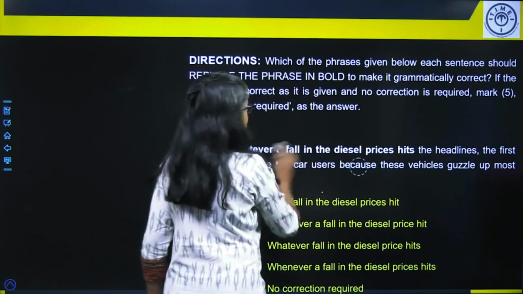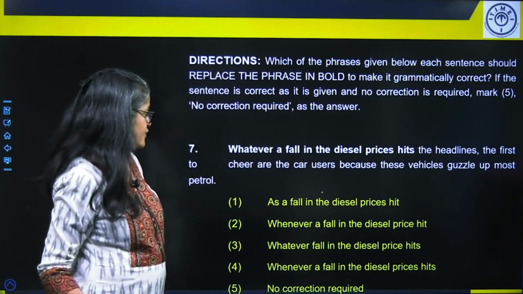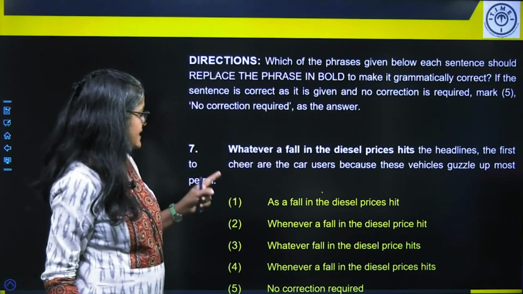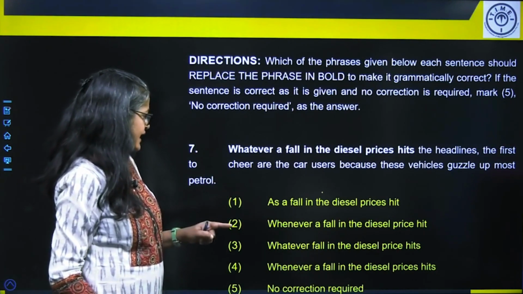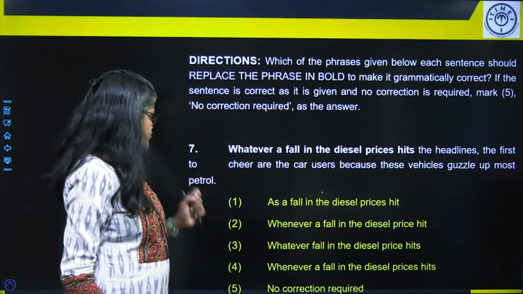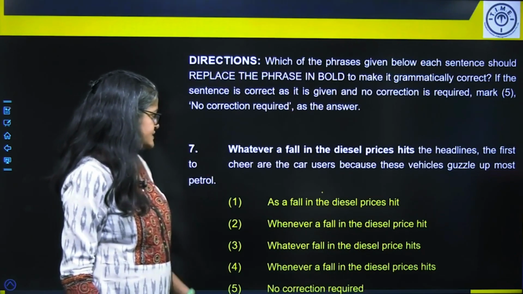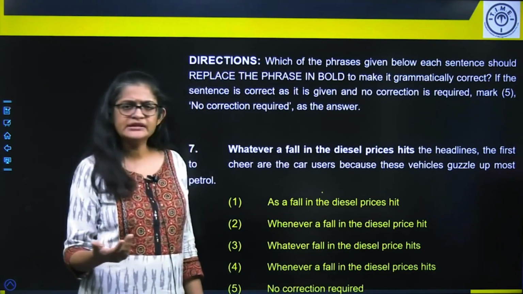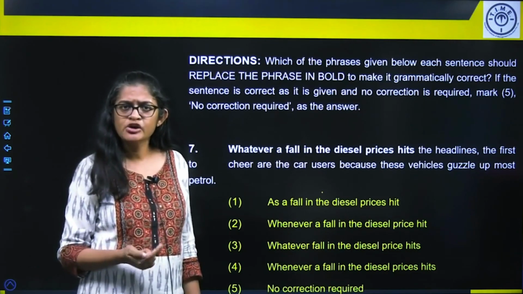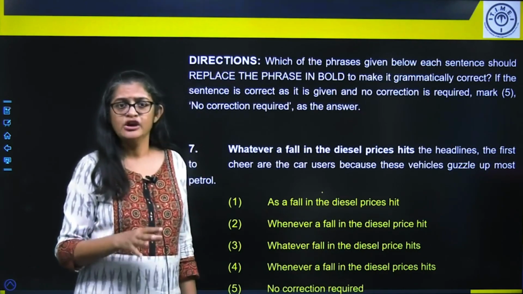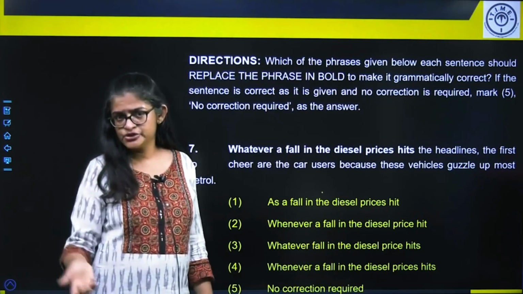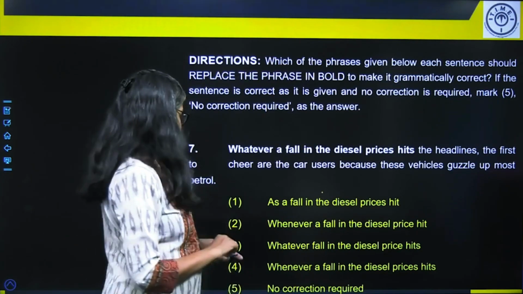Now, same thing. Whenever a fall in the diesel prices hits the headlines, the first to cheer are the car users. Whenever a fall in the diesel prices, what do they mean? Whenever they get to know of a fall in the diesel prices.